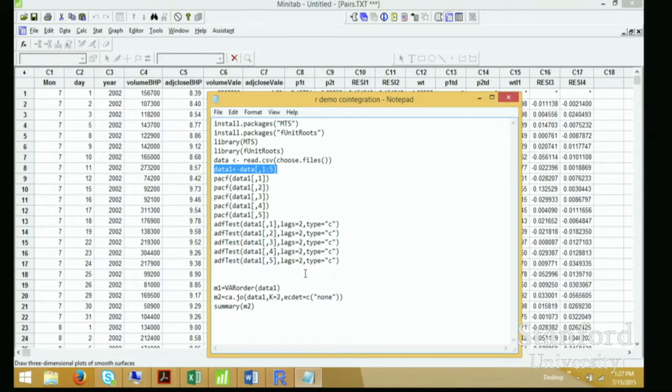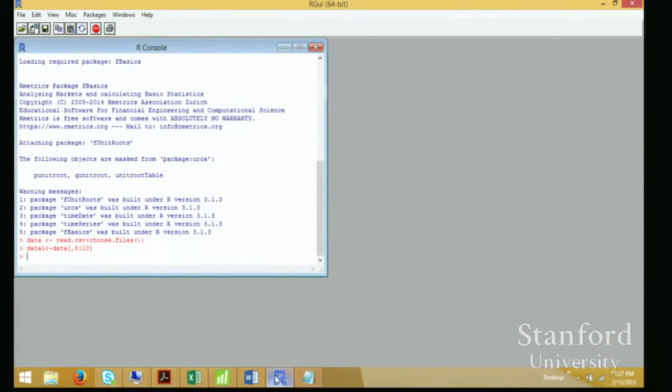So in order to check some of these things, you need to look at what is the order of this process. Okay, so in order to do that, I don't need the residual column, I just need only the first P1T and P2T. So I just want to go through one more extraction here. I'm going to call it as data 2, just to make sure that I don't confuse with the other one.